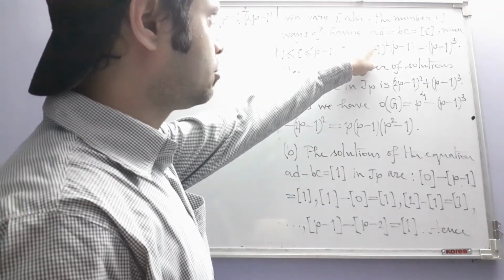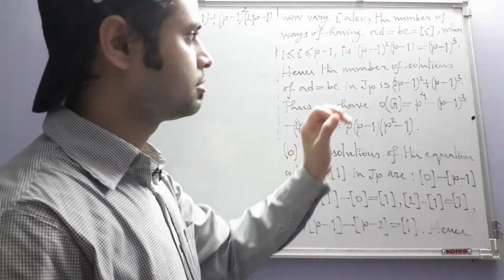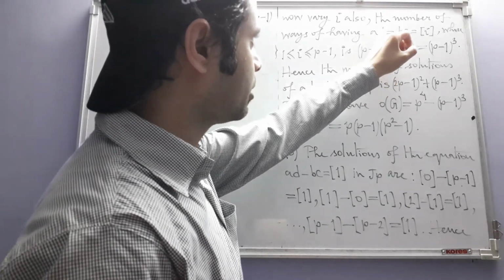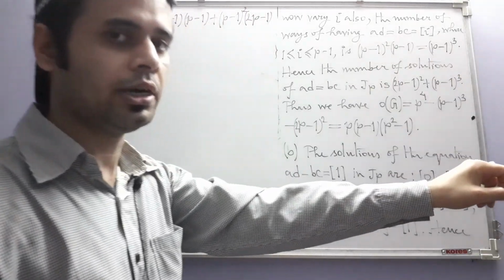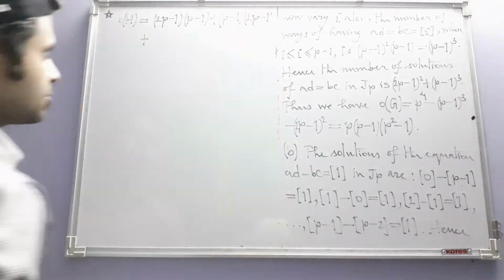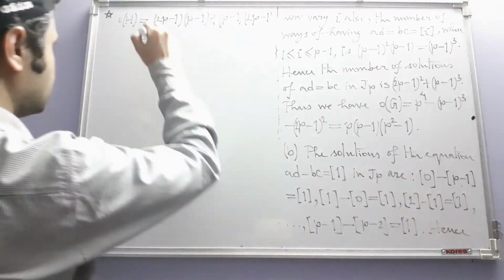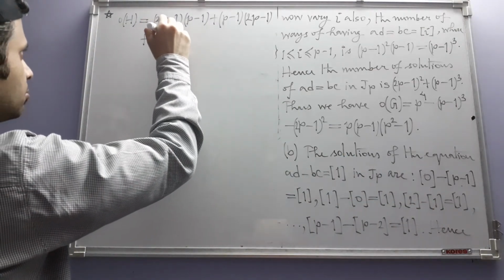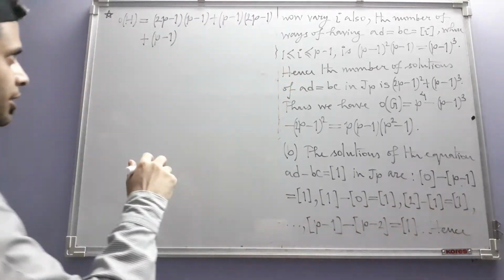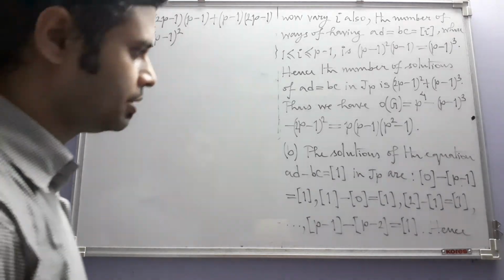We can choose AD equal to I in p minus 1 ways. P minus 1 whole square appeared for AD equal to BC equal to I. Yes, so this won't be squared, this will be p minus 1. Okay, now for this one we have p minus 1, and for this one we have yet another p minus 1. So here a square appears.